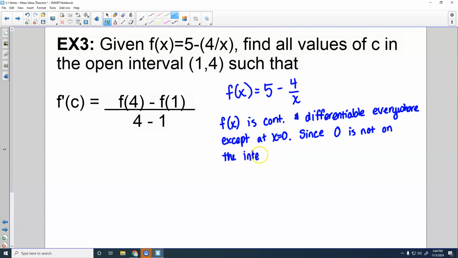You have to say that because you can't just say it's continuous and differentiable. The thing I like about wording it this way is you're acknowledging that there is a discontinuity, but it's not on that interval. You could probably get away with just saying it's continuous and differentiable from 1 to 4. Since 0 is not on the interval from 1 to 4, the mean value theorem applies.